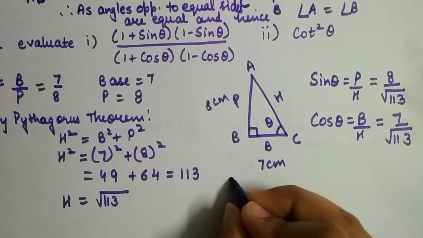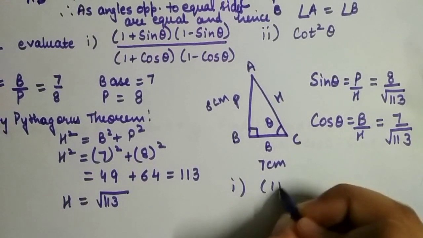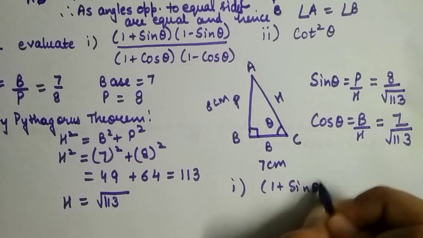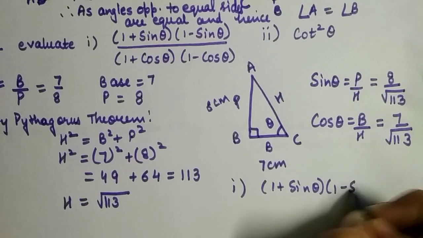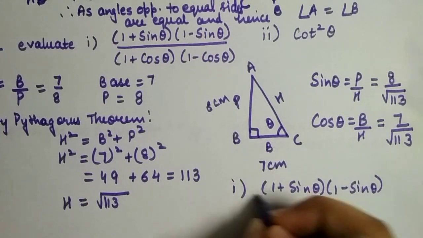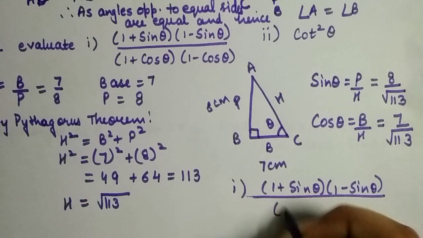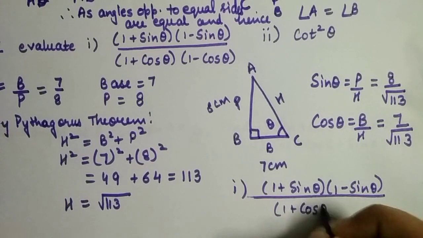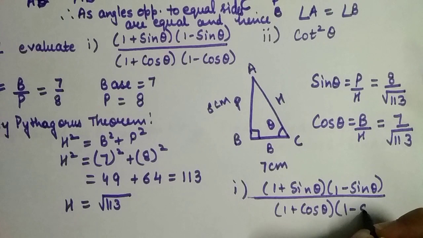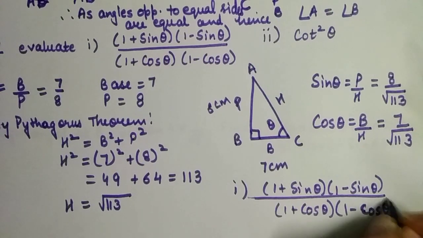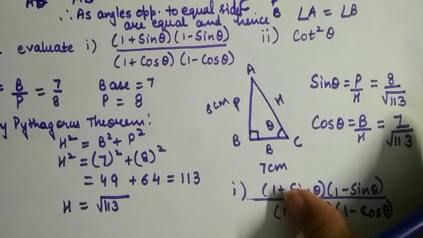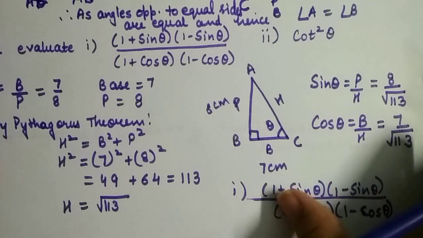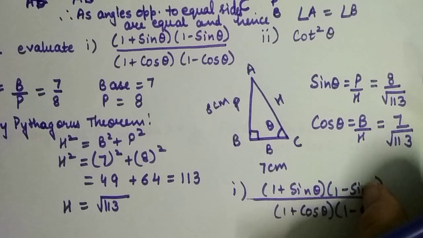So let us see the first part. It is (1 plus sine theta)(1 minus sine theta) upon (1 plus cos theta)(1 minus cos theta). We can see this is an identity, (a plus b)(a minus b) is equal to a square minus b square.